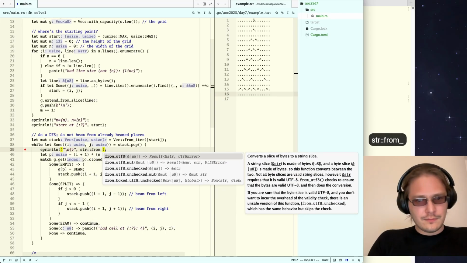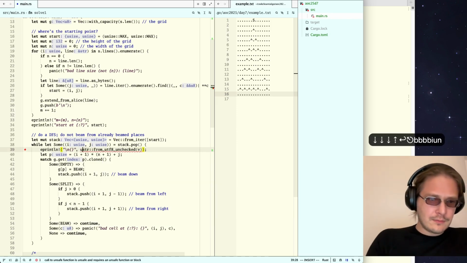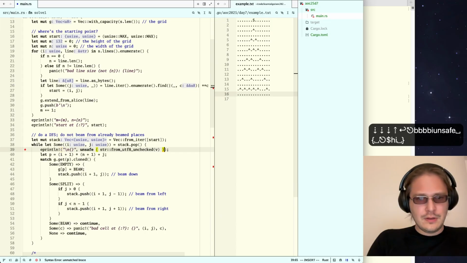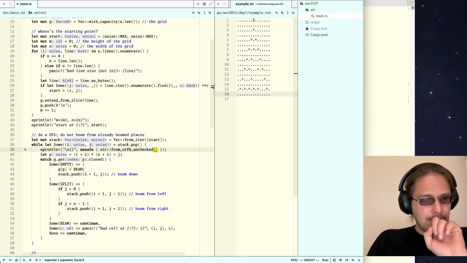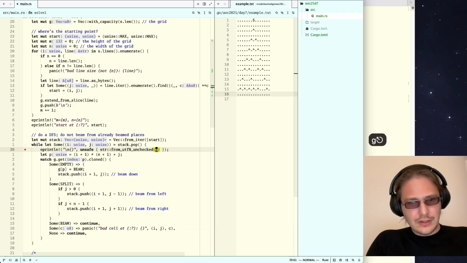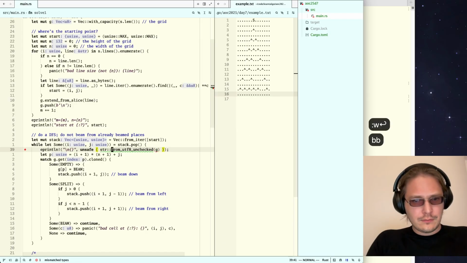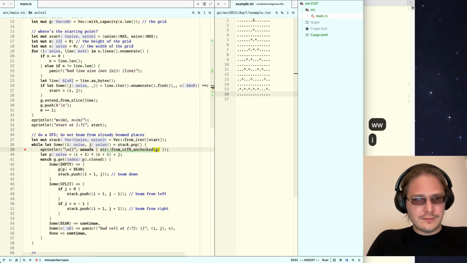str from fade unchecked. Yes, you only live once. And I print the grid. Takes a reference. Oh, yeah.